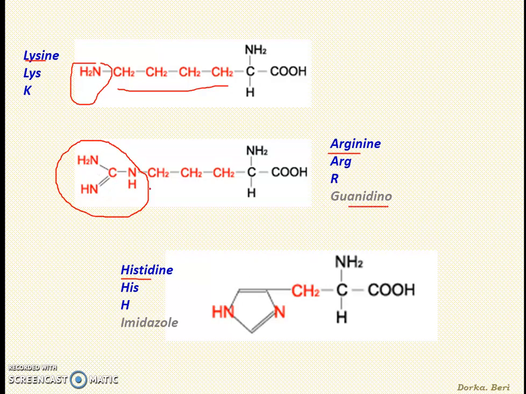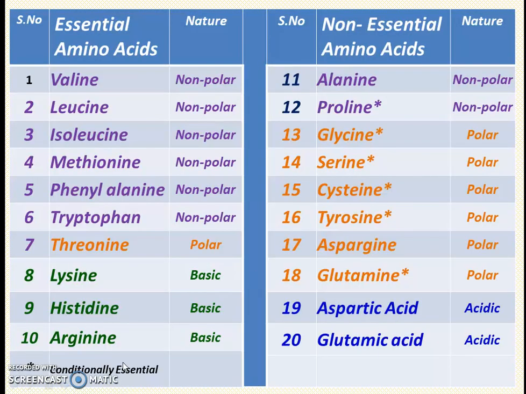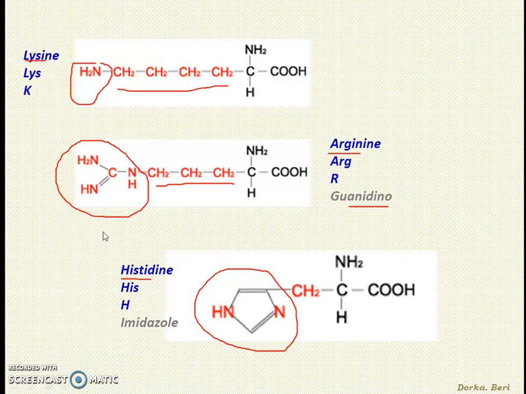This is guanidino group followed by 3 CH2 groups. Then coming to the histidine structure, it contains a special group called imidazole ring. These are the 20 standard amino acid structures. Pause the video for a while, remember all the structures, and you can go to the next slide.